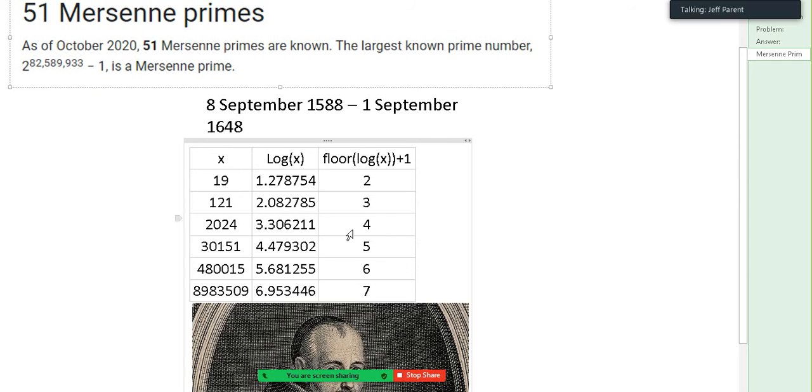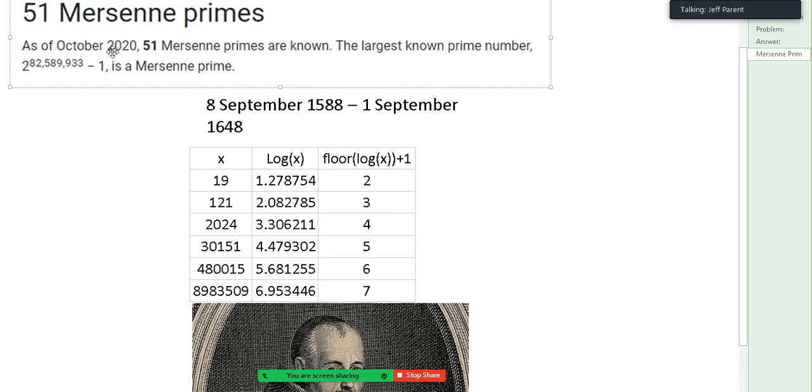He's kind of like the Facebook of his day. He kept everyone in touch. He was a hub for communications and discoveries and the latest things in science and math. And prime numbers of this form, 2 to some prime number power minus 1, those are Mersenne primes. There's only 51 of them known.